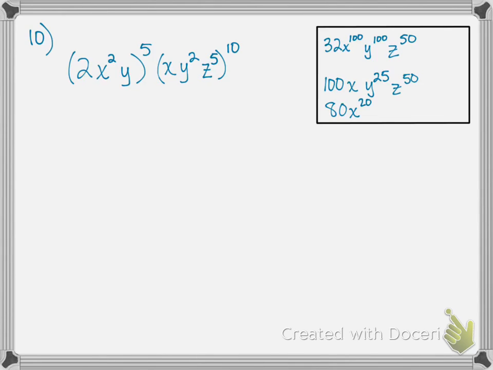X to the 20th. Y to the 25th. Z to the 50th. I think we're getting closer. X the same as y to the 25th, z to the 50th. Okay. I think we have some good pieces.